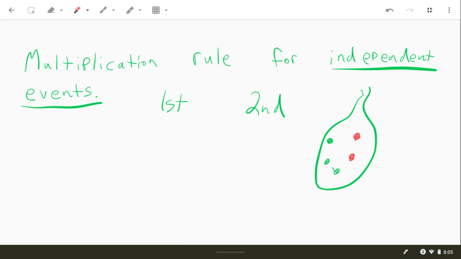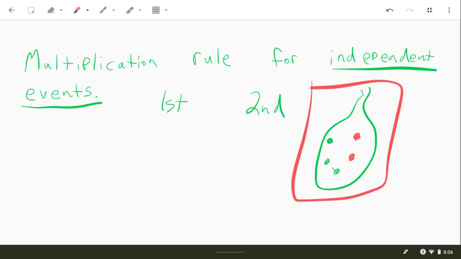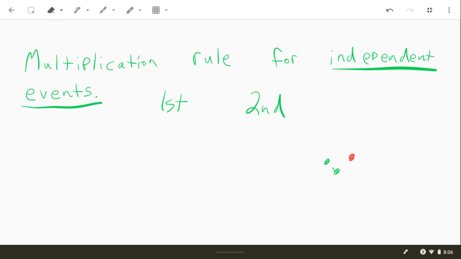Well, if we want to ask the question, what are the chances that you get 2 green marbles in a row, assuming that you do not replace the green marble that you get the first time? That would be an example of a dependent event, because what you get on the first instance affects the probability for the second instance. But we're not touching those right now, so forget those.